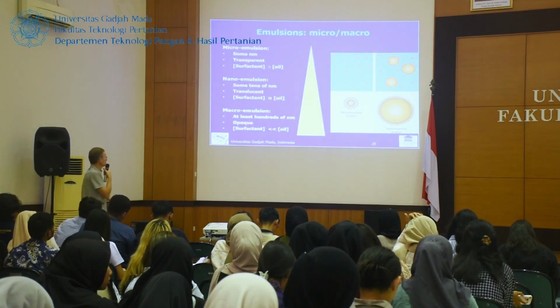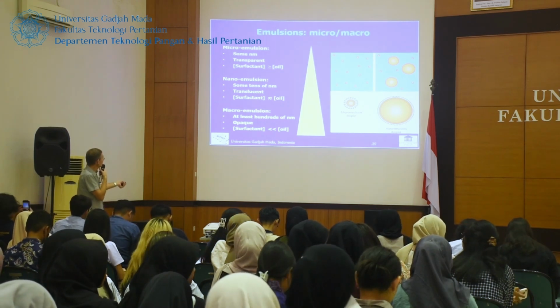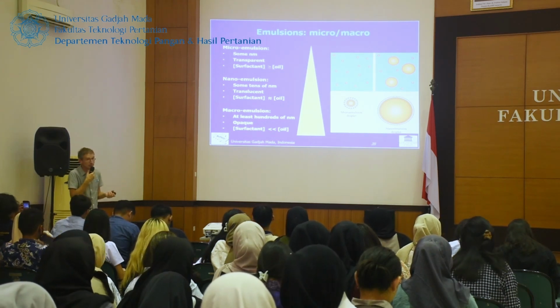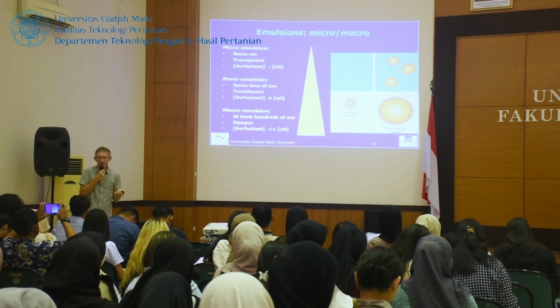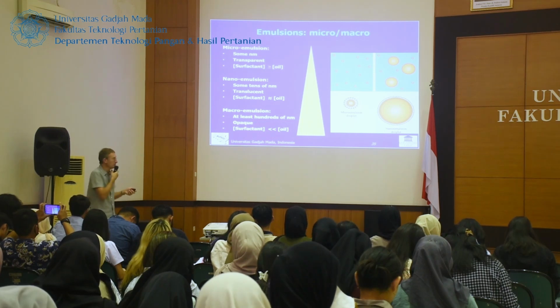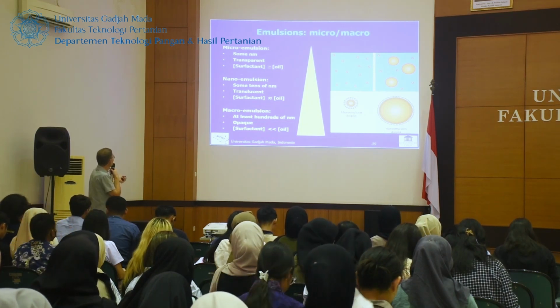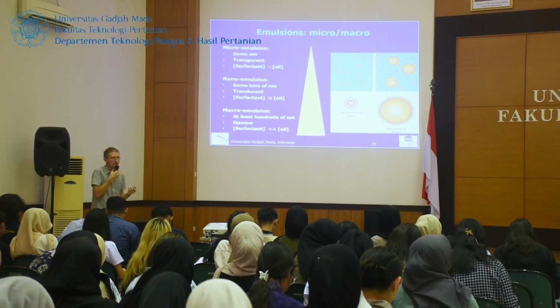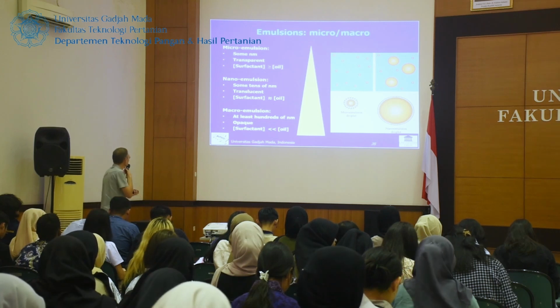So to summarize, we're talking about microemulsions, the traditional emulsions, which you can indicate as macroemulsions, and nanoemulsions. Maybe the nomenclature here is a little bit misleading, because normally if you talk about micro, you would think of something that is very small.